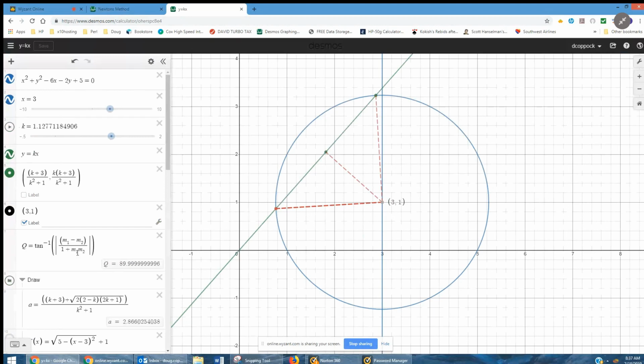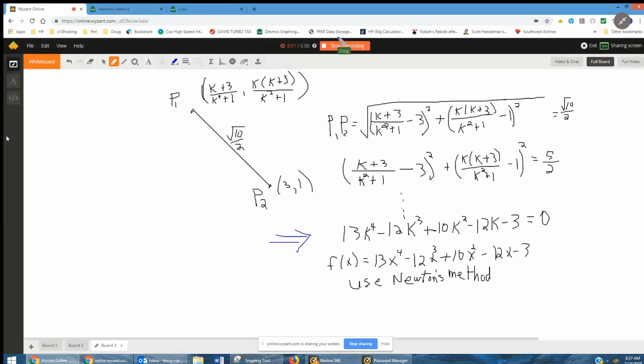And for that value of k, I get a value for theta of 89.99996, which seems to indicate that indeed for that value of k, this is a right angle, and therefore this is a 90-degree arc. It'd be interesting to see what would happen if we drew the line here with the slope of k equals negative 0.205 and see if we could draw the same conclusions. So there you go.